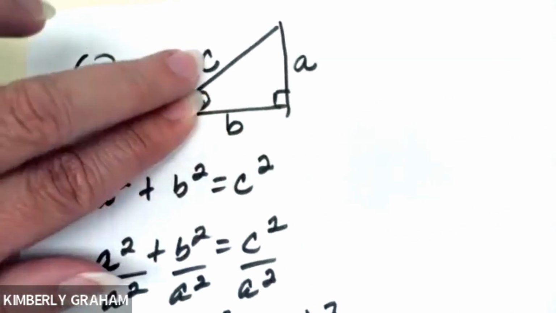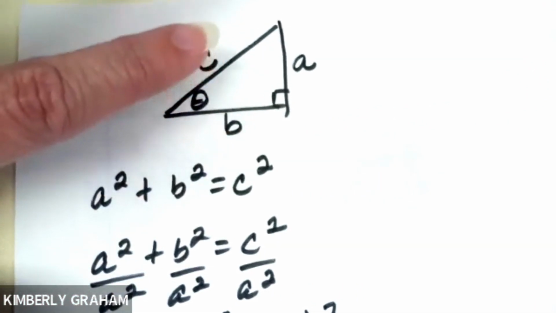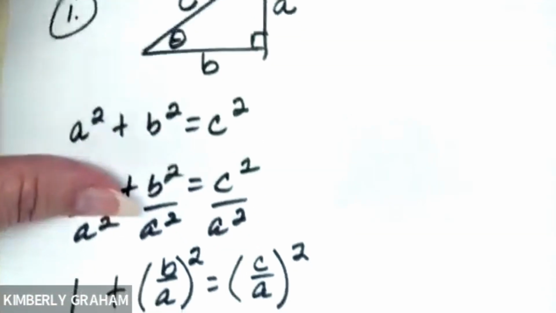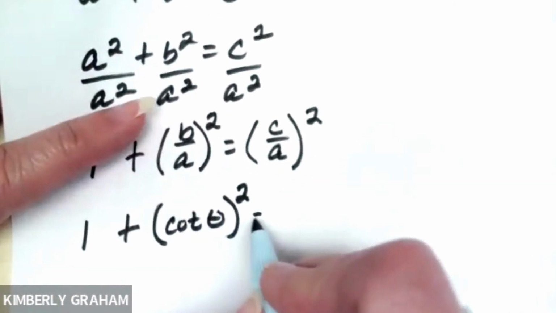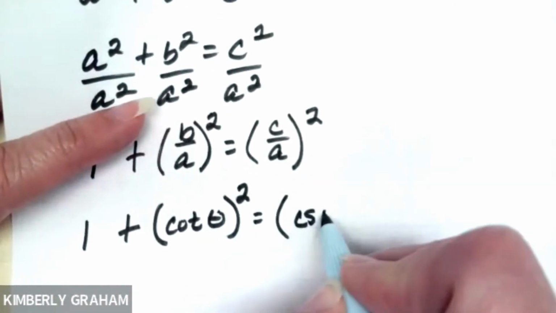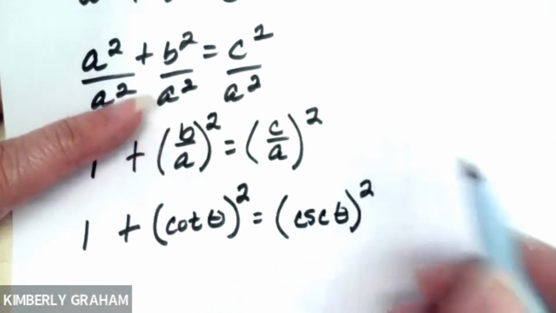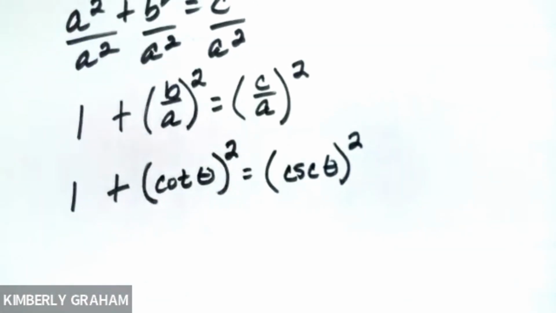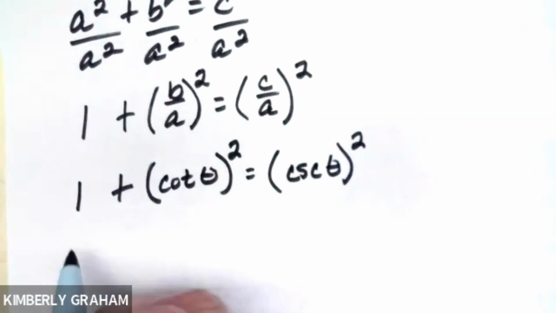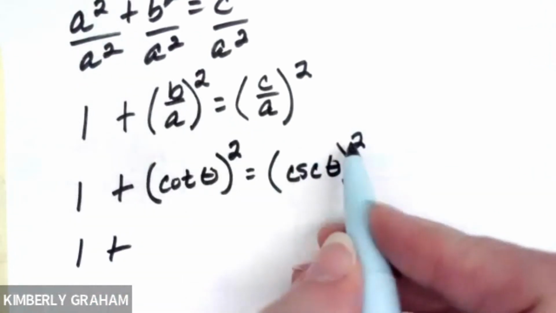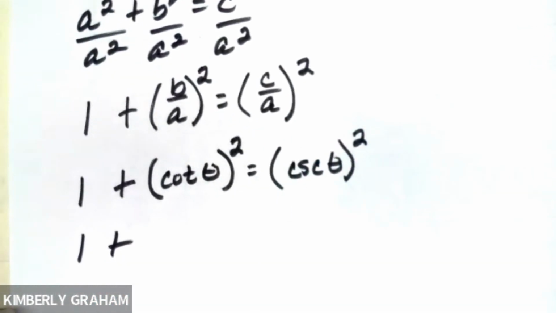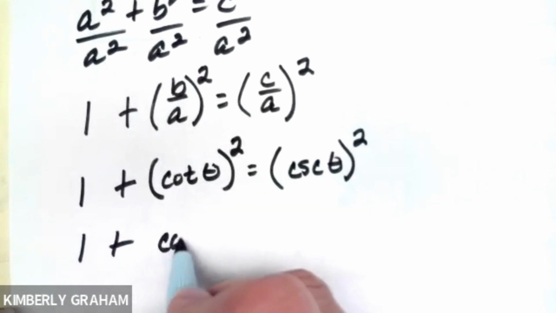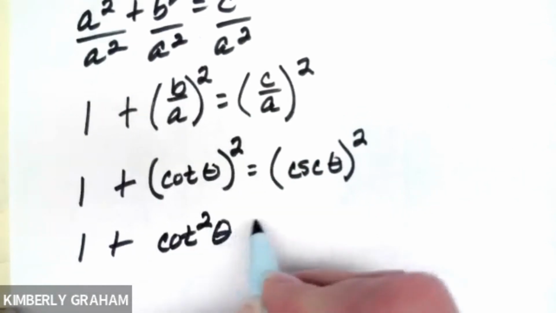C over A is hypotenuse over opposite. That's cosecant. So this is cosecant of theta squared. So again, cosecant theta in parentheses, the squared outside the parentheses. And then I can rewrite this like we normally see squareds written when we're talking about trig functions. This is cotangent squared theta.